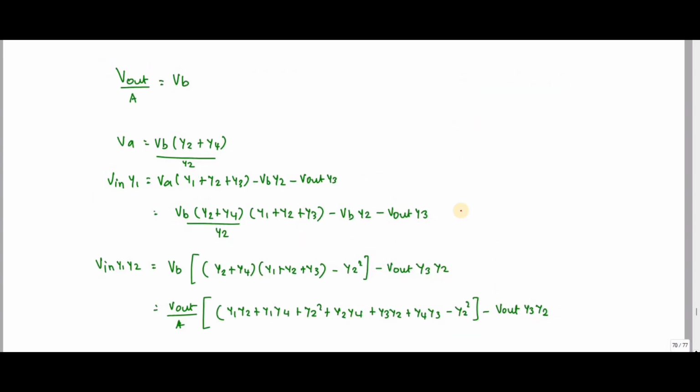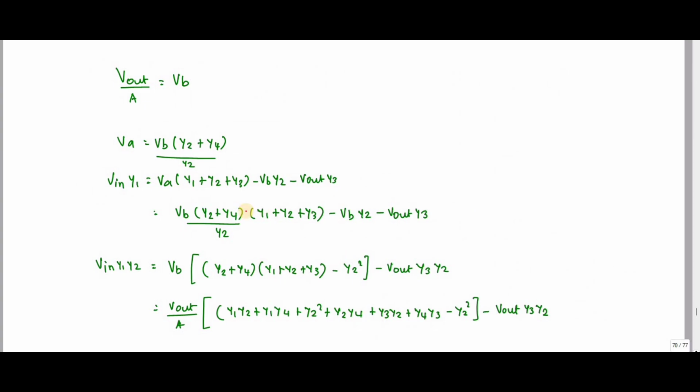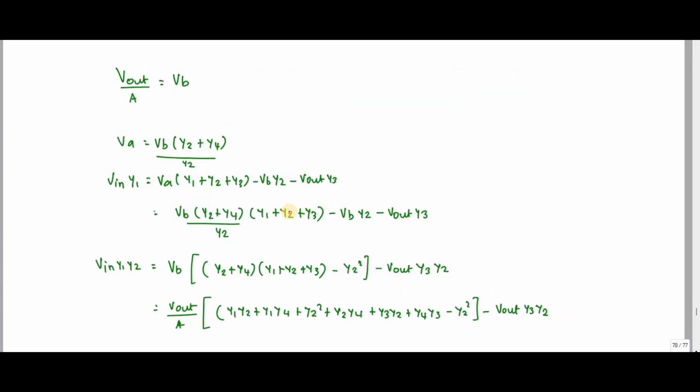I'm going to take the first equation, and from this I can write Vin Y1 is equal to, moving VA Y1 to the right hand side, VA into (Y1 plus Y2 plus Y3) minus VB Y2 minus Vout Y3.